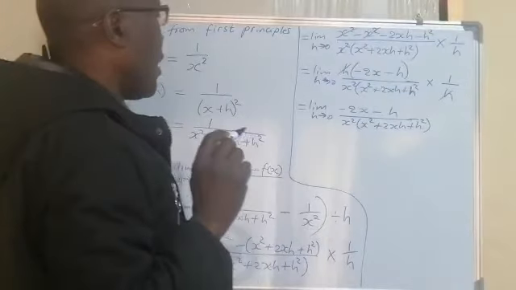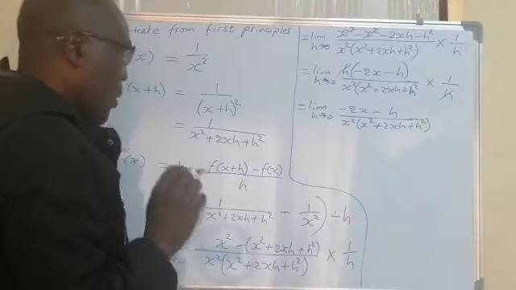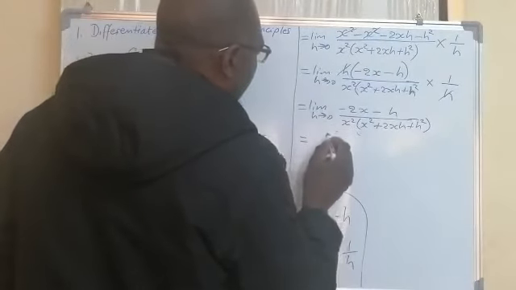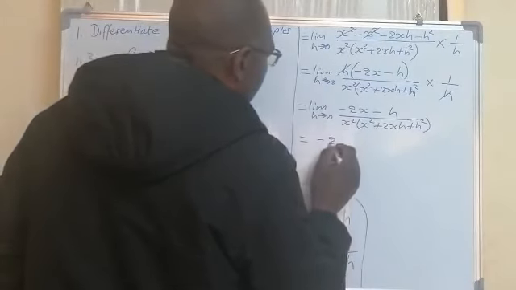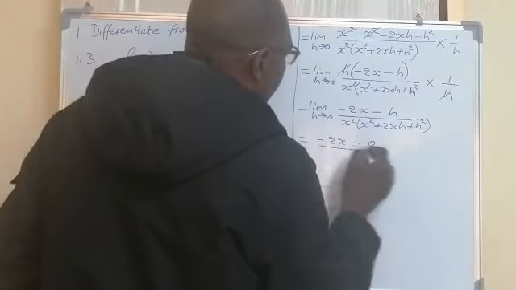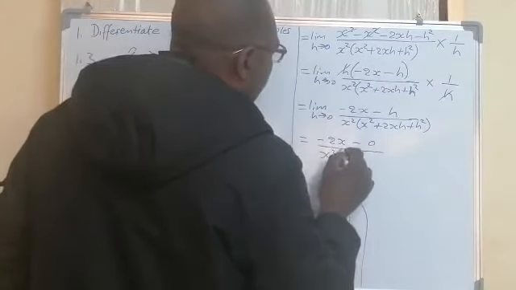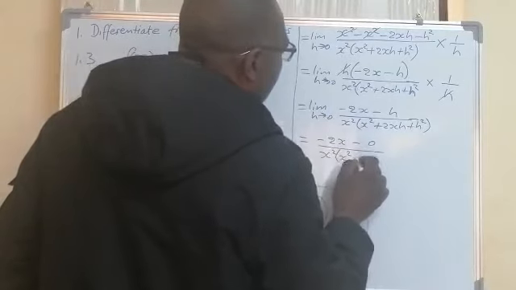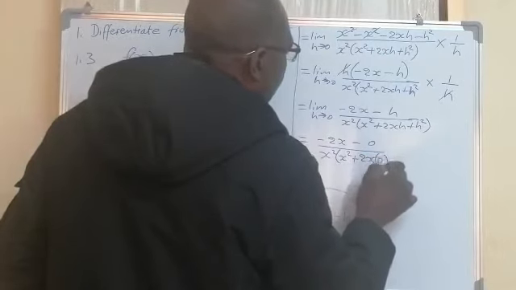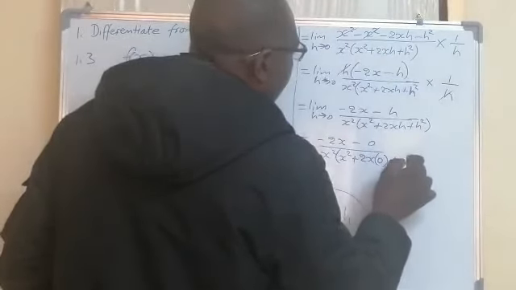Where we see h, we now put a 0. This means we are now having minus 2x minus 0 over x squared into x squared plus 2x multiplied by 0 plus 0 squared.